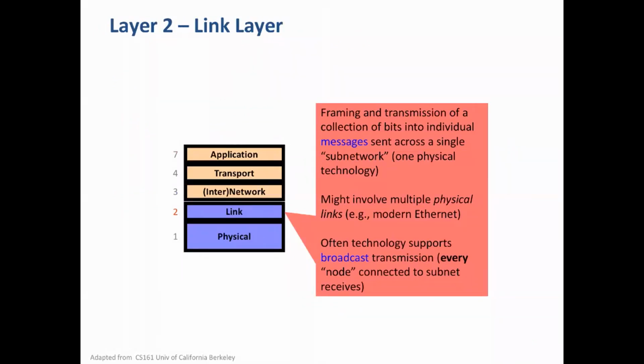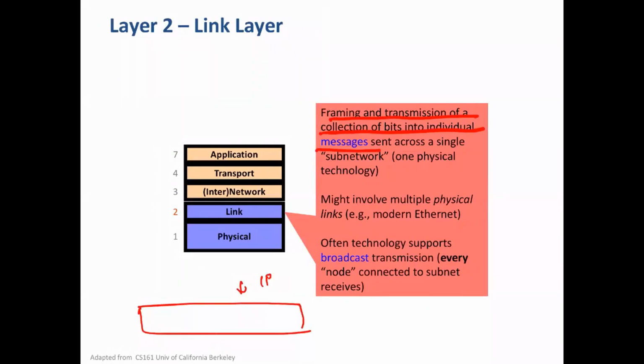Right. So now you can say that layer 2 provides framing and transmission of a collection of bits into individual messages. So it will create a frame. Now it receives an IP packet, for example, it could be anything. It receives the IP packet. It will put it into this part, and this is the header. Okay.